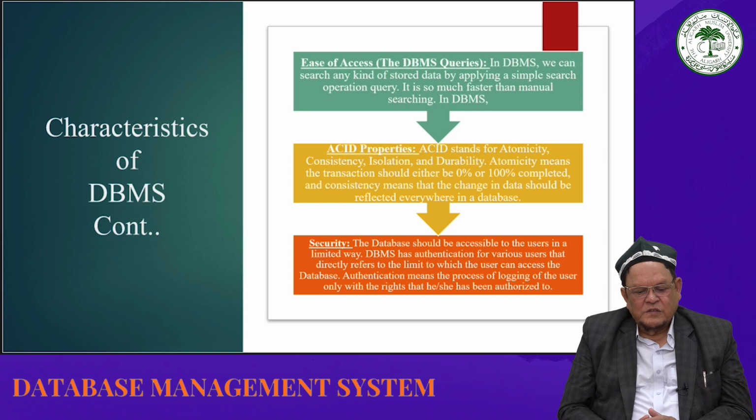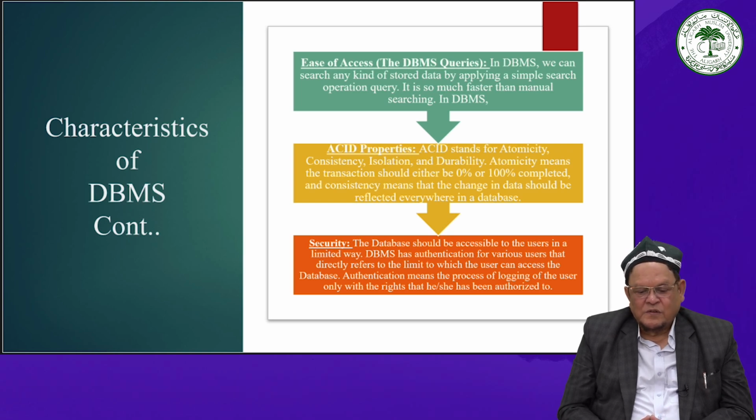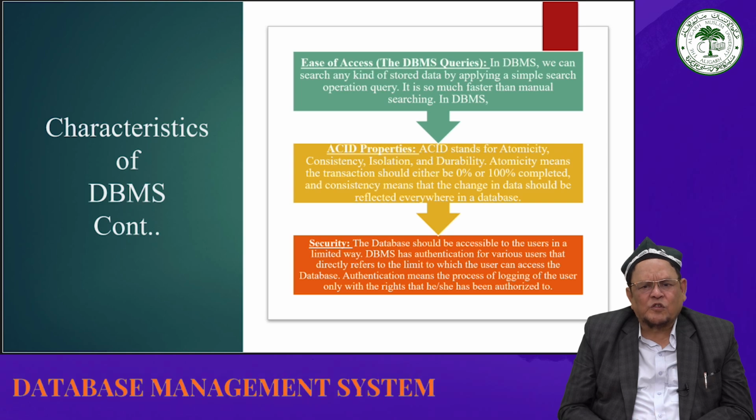So here, the ease of access, database queries, ACID properties, and security are also our main characteristics of a database management system. Ease of access means in DBMS we can search any kind of stored data by applying a simple search operation.